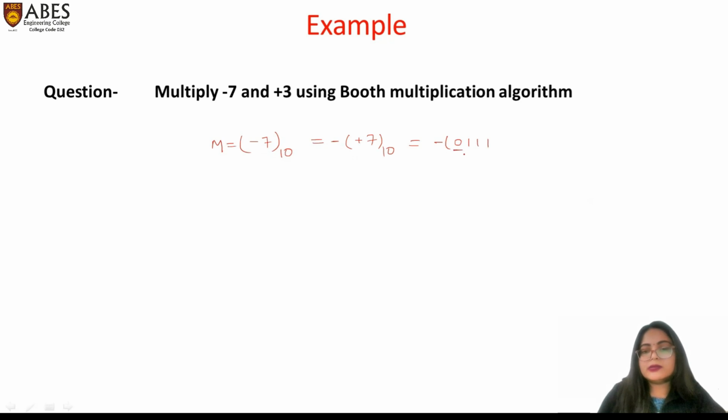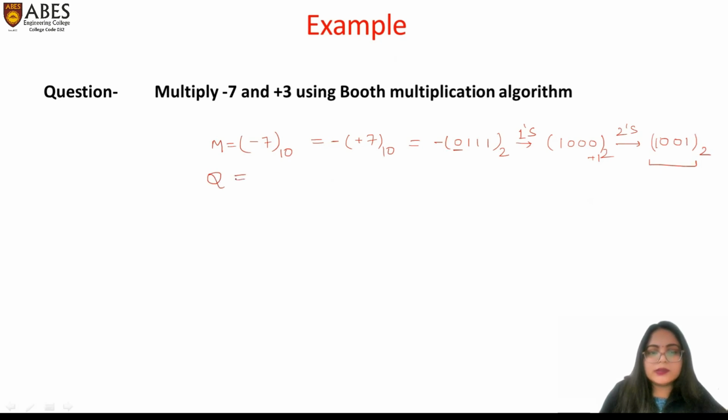This indicates that this is a positive integer, but we need to find the 2's complement to make it a negative integer, right? So first we take the 1's complement of it, that will be 1, 0, 0, 0. Then for the 2's complement, at the LSB, we add 1. So 1, 0, 0, 1, right? This will be the value for M.